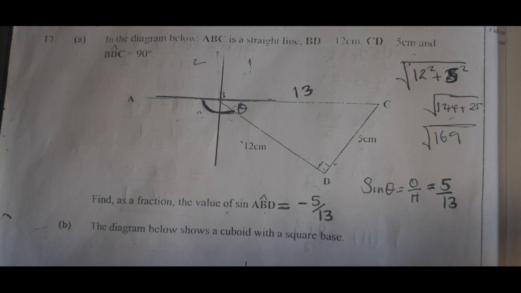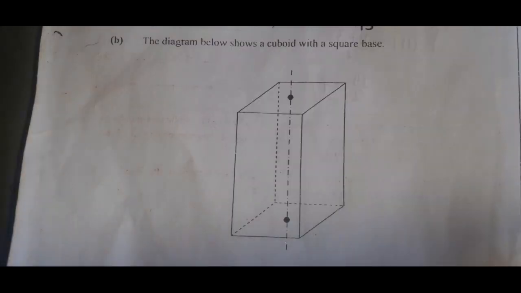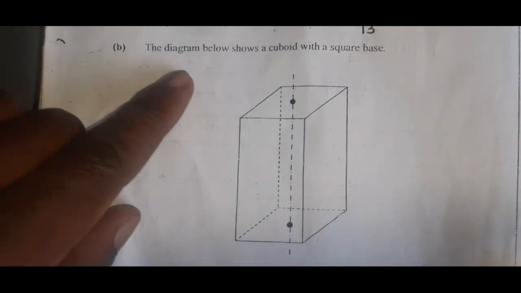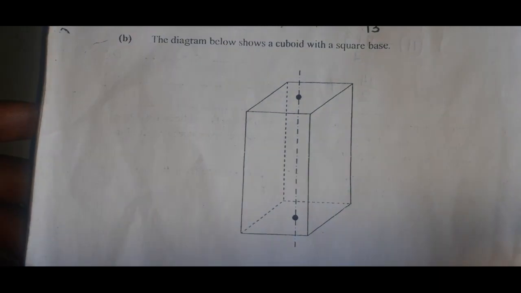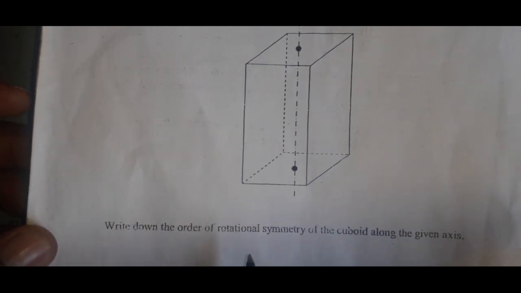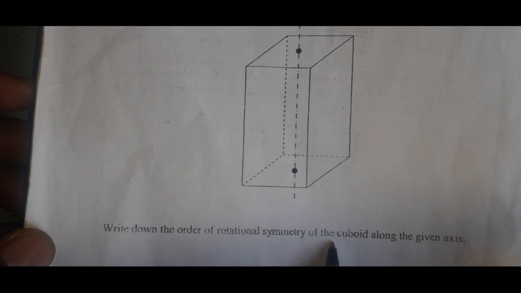All right, so let's go to the other question. 17b: the diagram below shows a cuboid with a square base. Write down the order of rotational symmetry of the cuboid along the given axis.